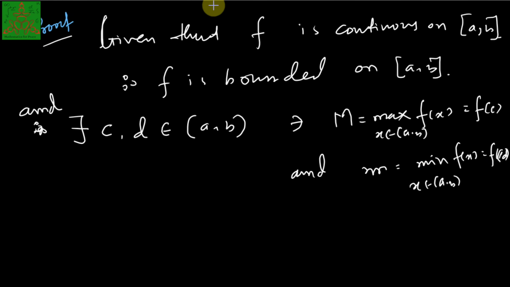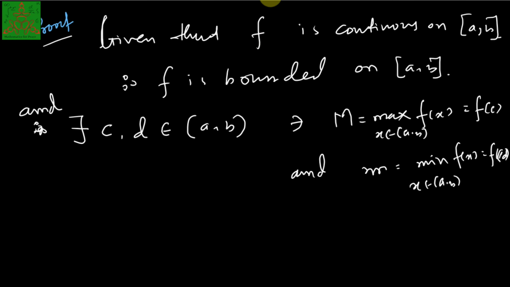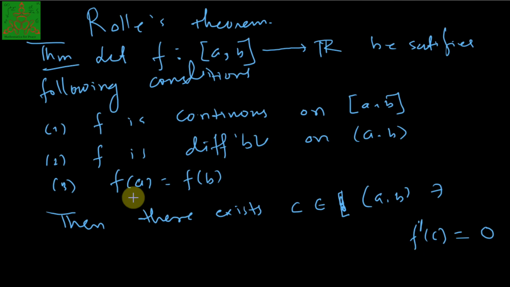Now what situations will occur? The first one: as it is given, f(a) = f(b), unless the function is constant. If the function is constant, it automatically establishes the result, because a constant function always has derivative 0.